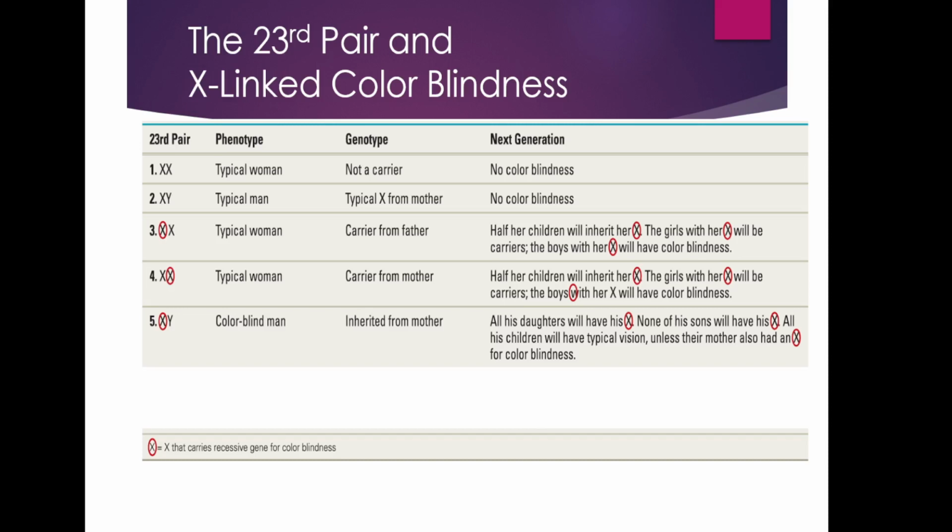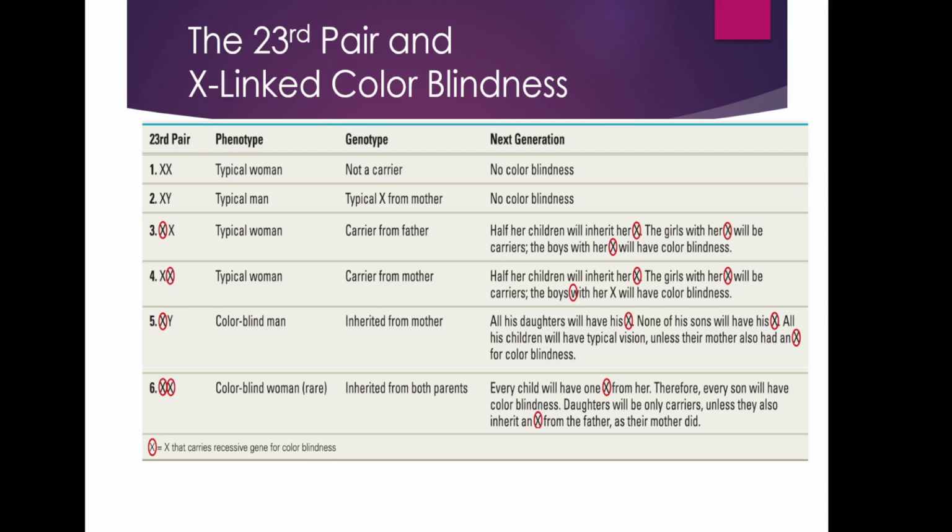Whereas for a woman who's a carrier, half of her daughters will probably be carriers on average. He will not cause his sons to have colorblindness because he doesn't pass his X to his sons. All of his children will have typical vision unless their mother also has an X for colorblindness.